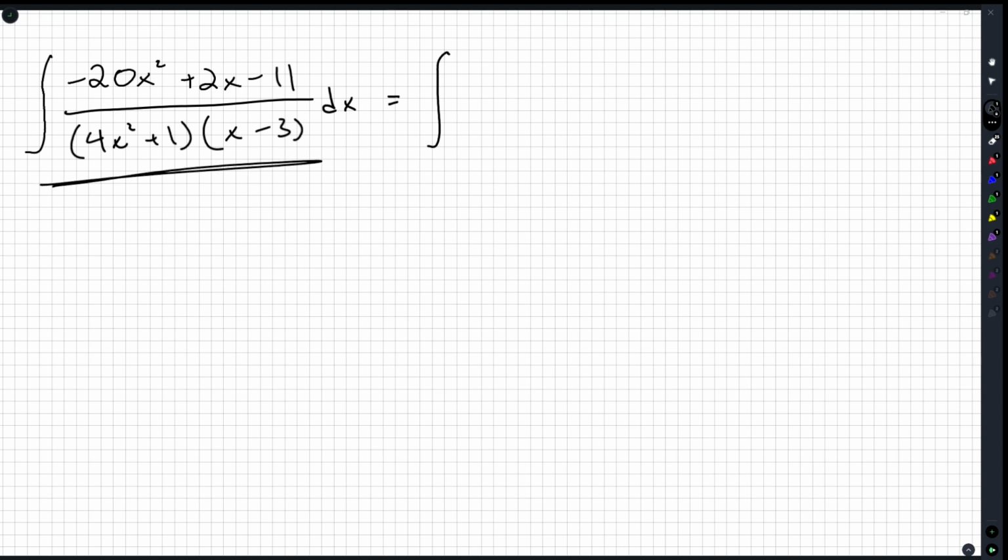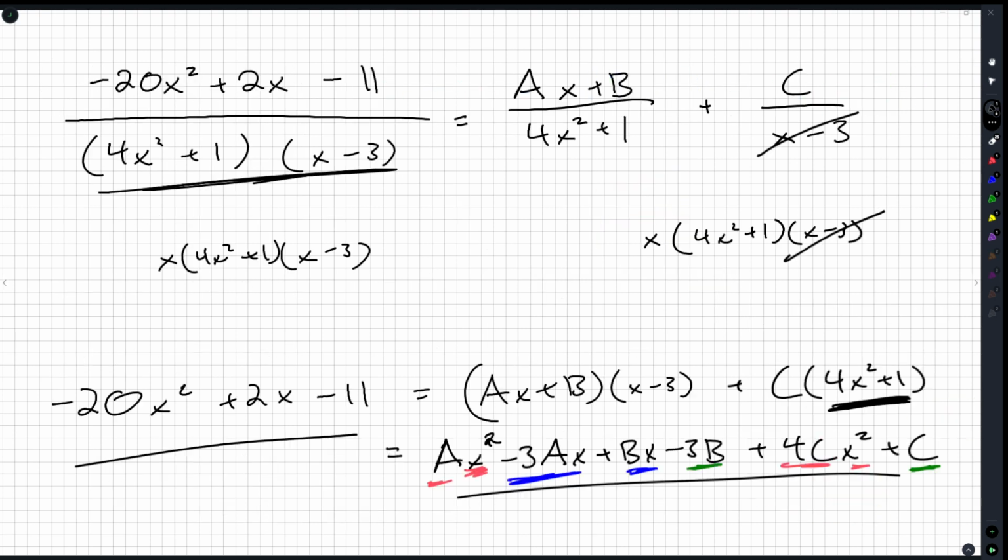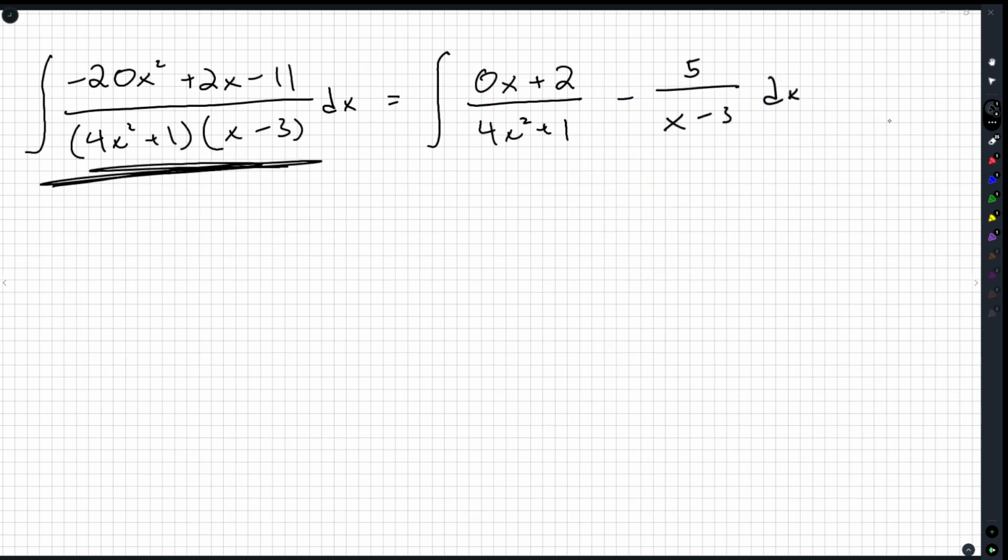And so this whole expression in here is the same as ax, so 0x, plus our b, which was 2, over 4x squared plus 1, plus our c, which is negative 5, or I guess you could write minus 5 over the x minus 3, the linear term. Right? That's what it was. That was what our setup was: ax plus b over 4x squared plus 1, plus c over x minus 3. So there we go. You can clean it up a little bit by getting rid of that 0x.